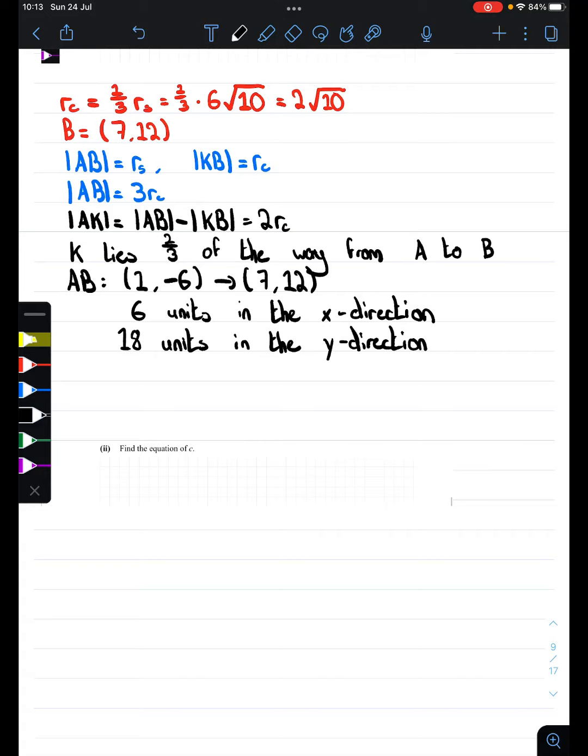So it would be 2/3 by 6 in the x direction, which equals 4 units in the x direction, and 2/3 by 18, which is 12 units in the y direction.